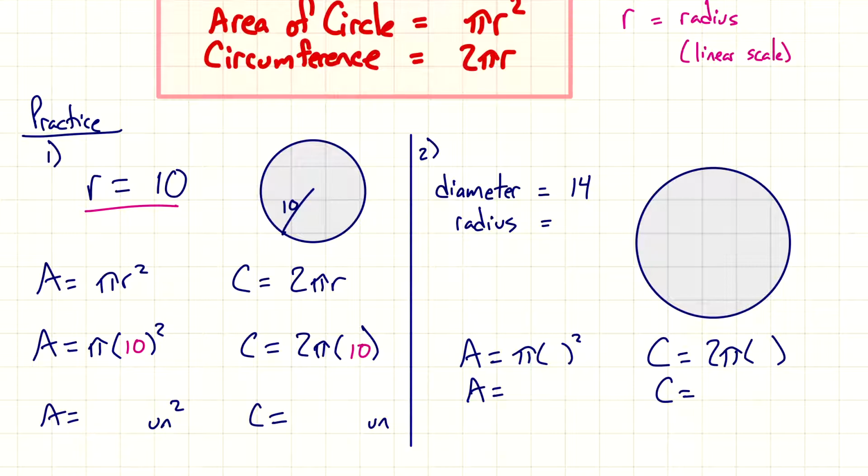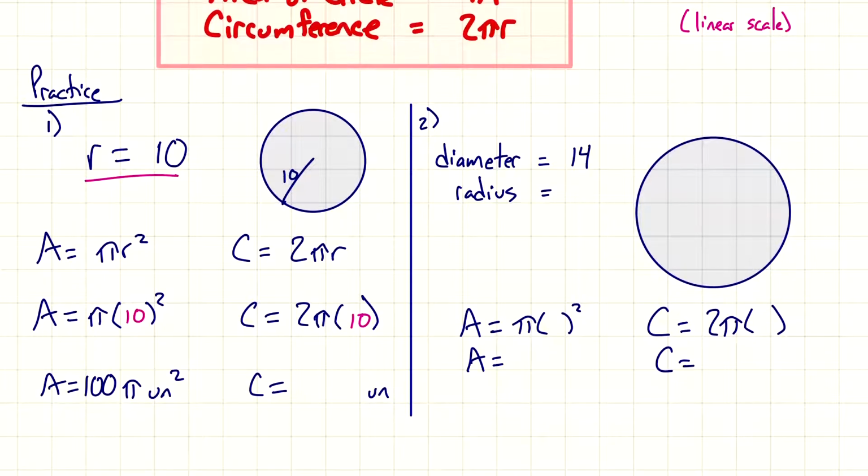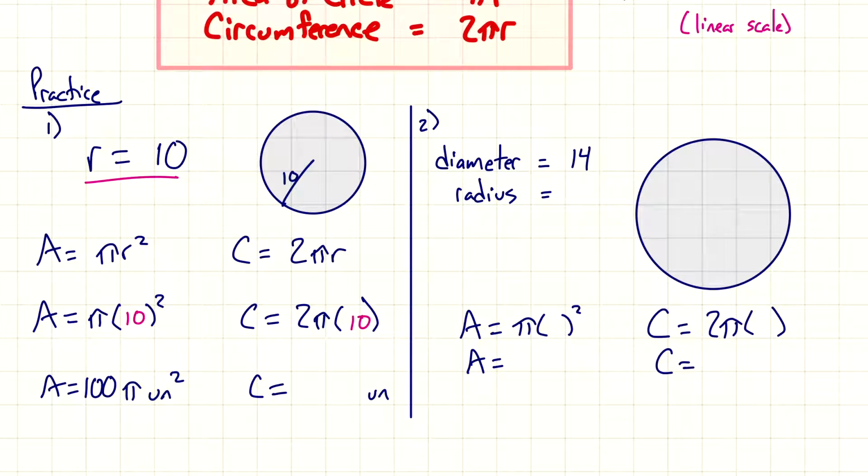If you multiply that out correctly, you should have 10 times 10 is 100, and then you would have pi. If you were writing that out and can't write the symbol pi, one method is to write 100 pi.